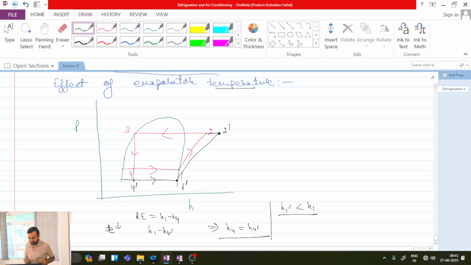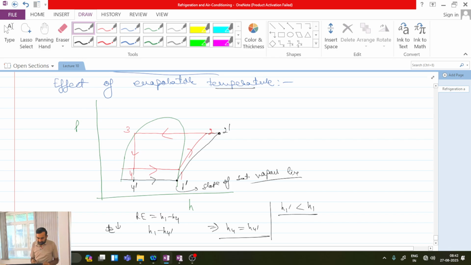Whether it is more or less will always depend upon the slope of the saturated vapor line, and of course the nature of that slope will be different for different refrigerants. But here, in this region, we will majorly have a positive slope of the saturated vapor line. So if H1 dash is less than H1 and H4 is equal to H4 dash, then what will happen to the refrigeration effect?